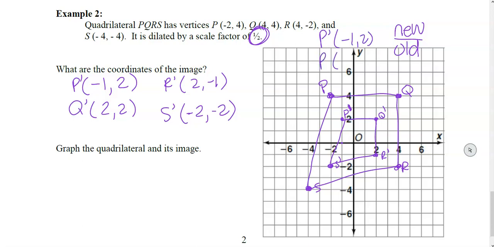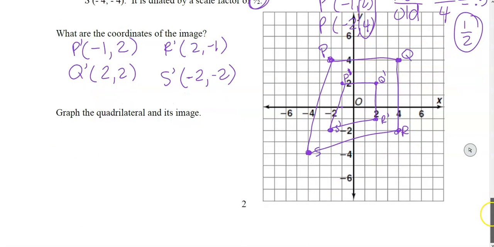And then old P is -2 and 4. Then I select one of the coordinates, either the x coordinate or the y coordinate. Now x has negatives, let's not deal with negatives, so I'll do the y coordinate. So the new point over the old point is 2 divided by 4, which is 0.5, which is also a half, right? So that is your scale factor.